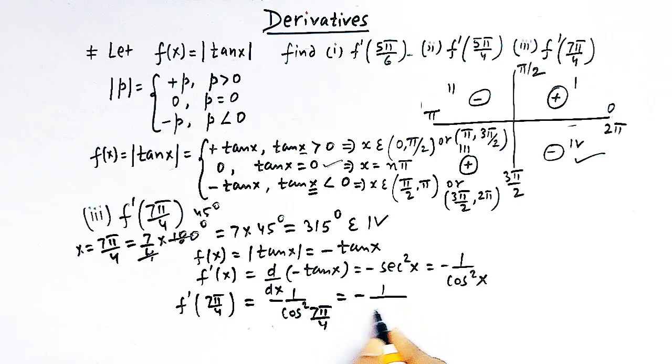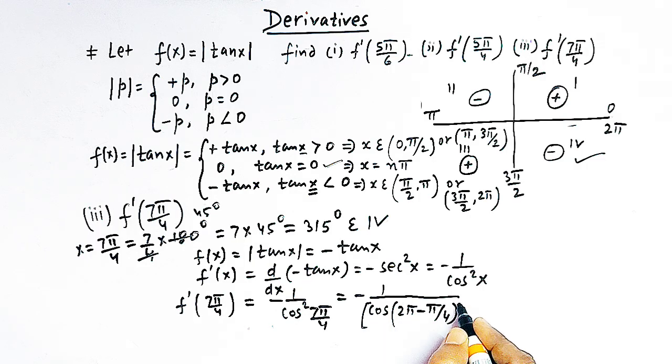So splitting this angle, we can now write 7 pi over 4 as 2 pi minus pi over 4, and here we have the square, right? So 4 times 2 pi is 8 pi. 8 pi minus pi is 7 pi. So we have 7 pi over 4.